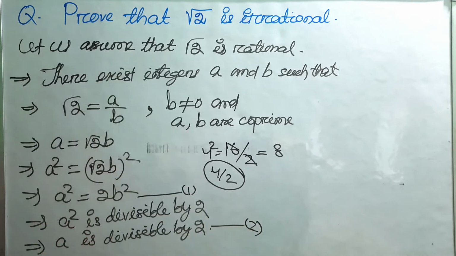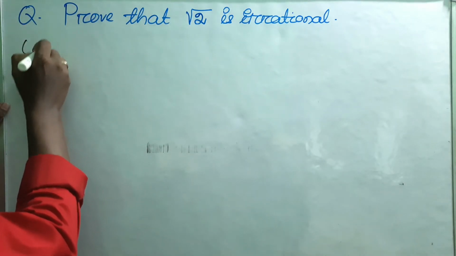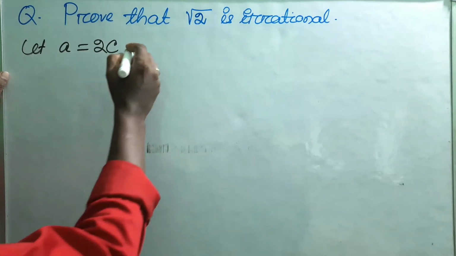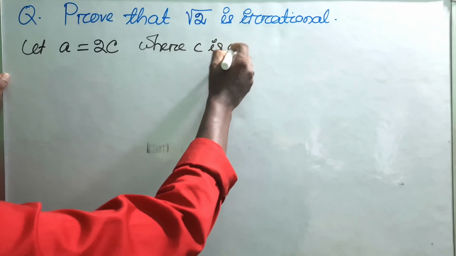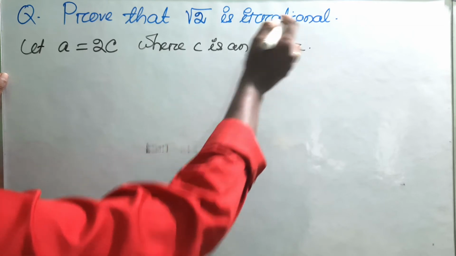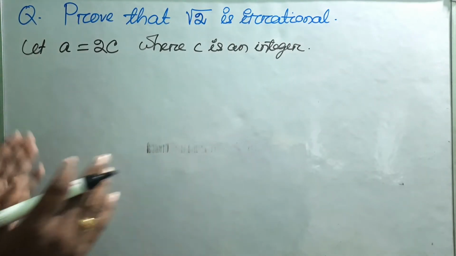Now let me erase this one. Now let us take a is equal to 2c, where c is an integer. Write down where c is an integer. Now you may ask why we are taking a equal to 2c.